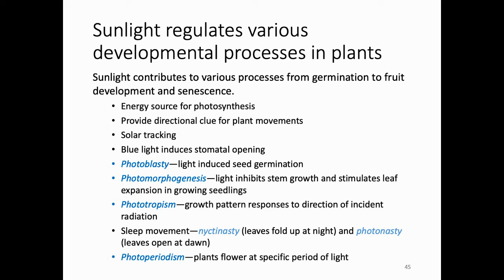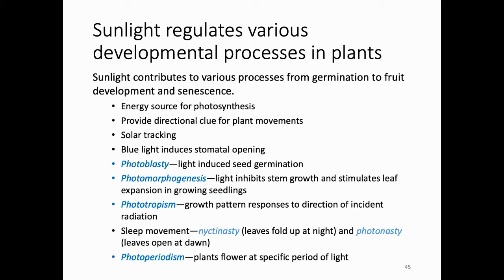Plants can induce seed germination through the process called photoblasty. Light can inhibit stem growth, stimulate leaf expansion, and induce chlorophyll production in the process called photomorphogenesis.